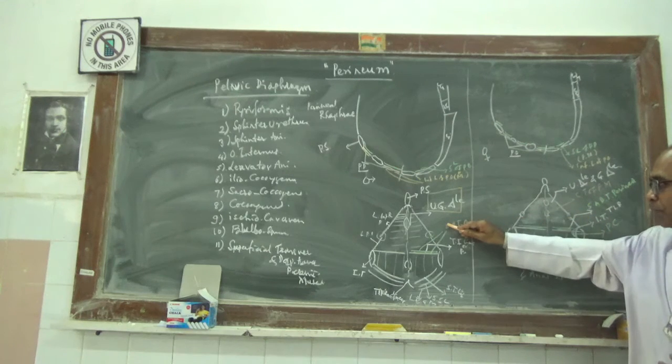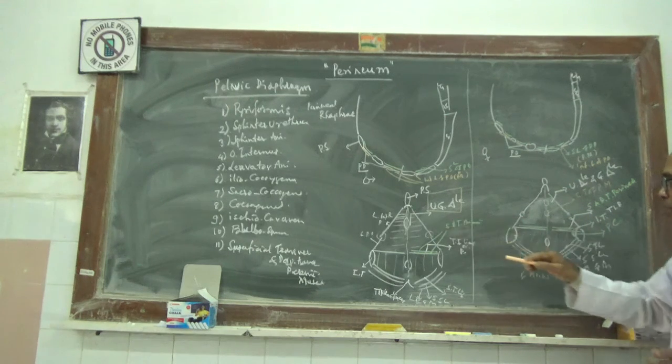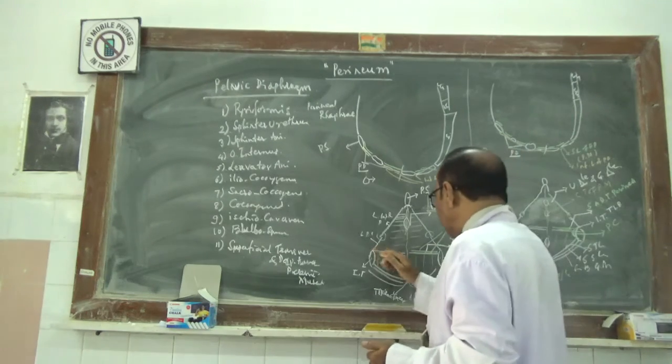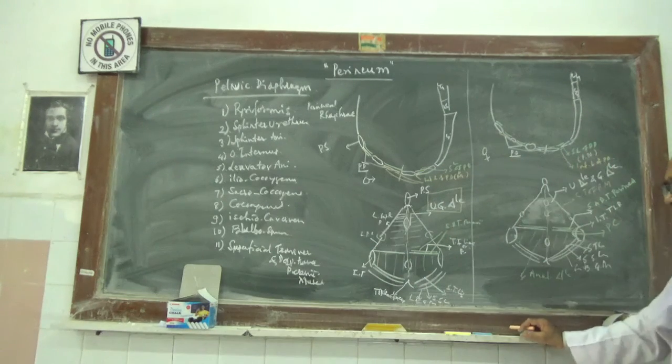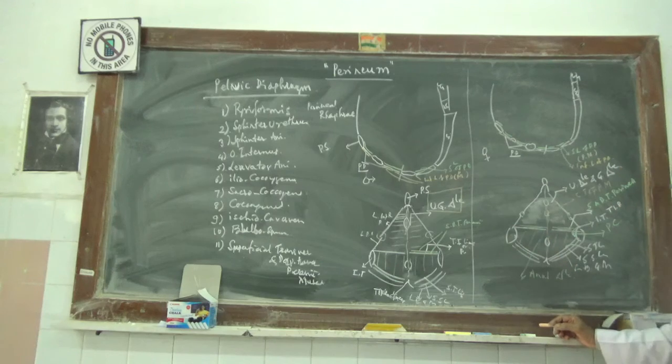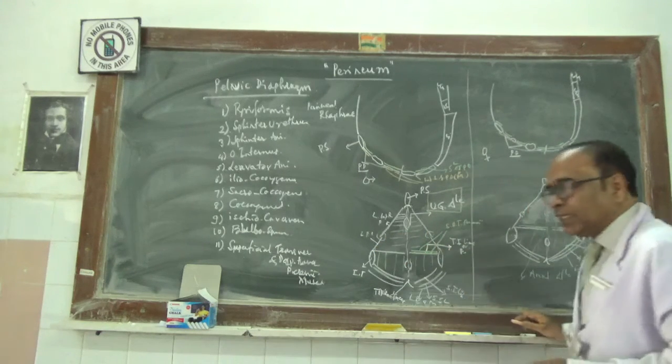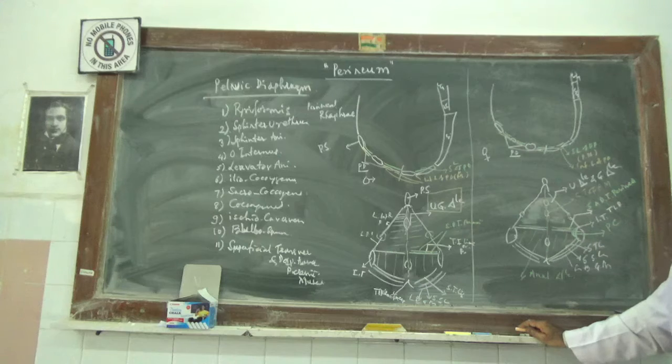In male as well as in female, laterally on either side, it is limited by the anterior end of the ischial tuberosity.